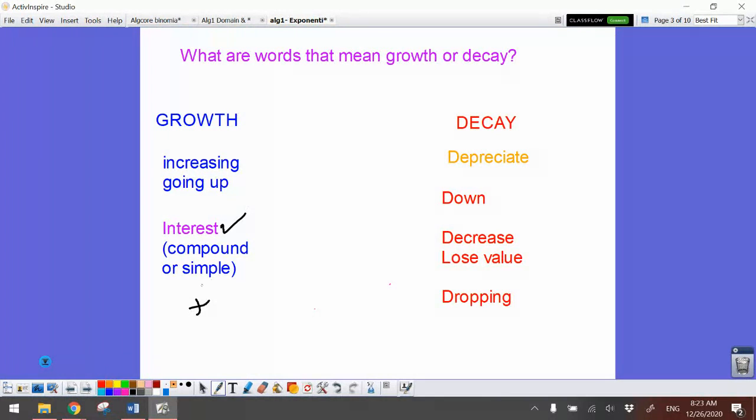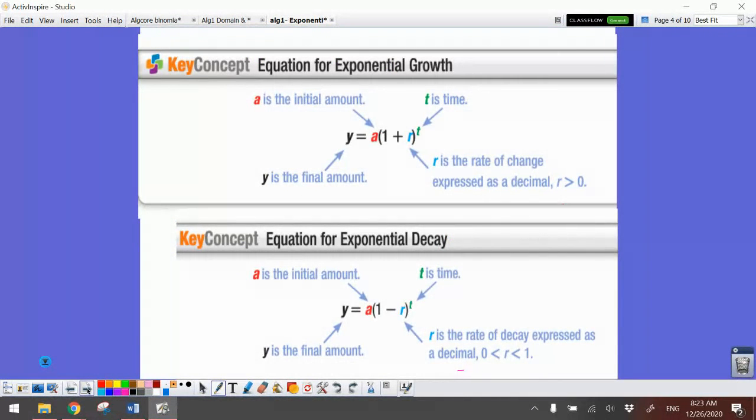So that means we are adding on to our total quickly. Now, decay, that means dropping. So depreciate is probably the big word we're going to see. We might see down, decrease, lose value, dropping. Any word that means going down or dropping in value is going to tell us that we're going to be subtracting our percent.